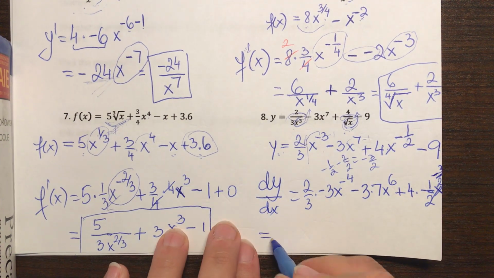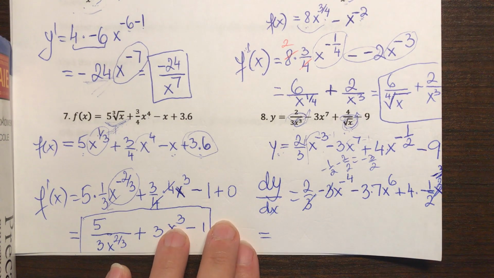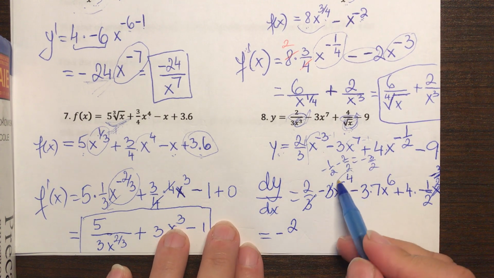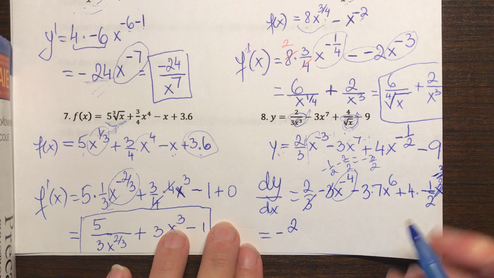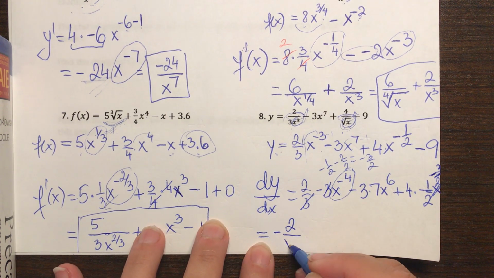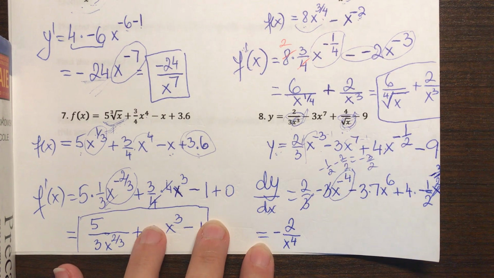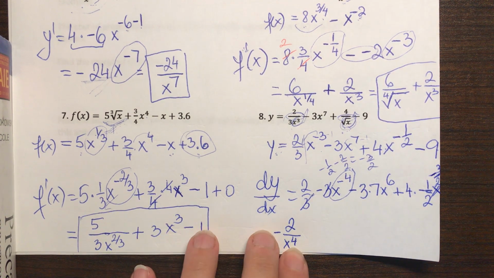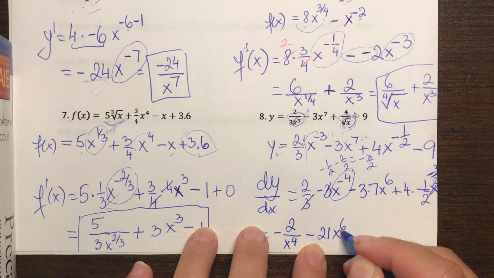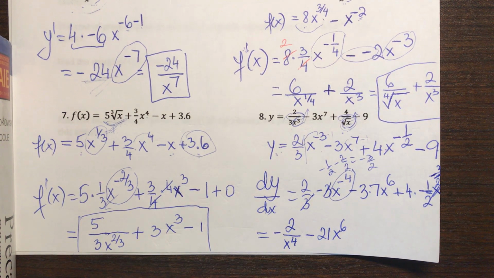Okay, so that's going to equal to 2/3 times negative 3 is negative 2. This x to the negative 4, well, it has a negative exponent. I have to fix it. So I'm going to throw that x to the bottom, and now the x has a positive 4 exponent. Minus 3 times 7 is 21, x to the 6, that's a perfectly fine exponent.